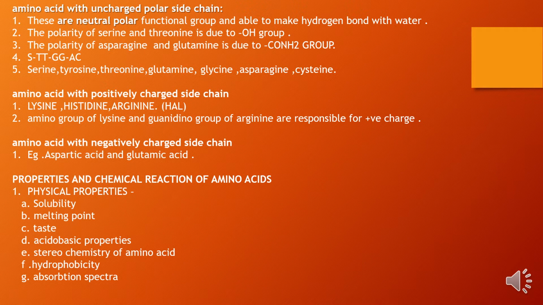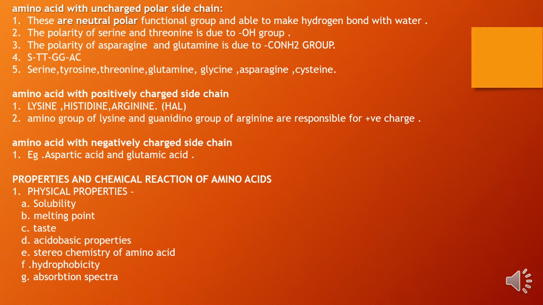Lysine, histidine, arginine. So you can make the formula as HAL. The amino group of lysine and guanidine group of arginine are responsible for positive charge. In examination you can get a 1 mark question, how do these positively charged amino acids get their positive charge.